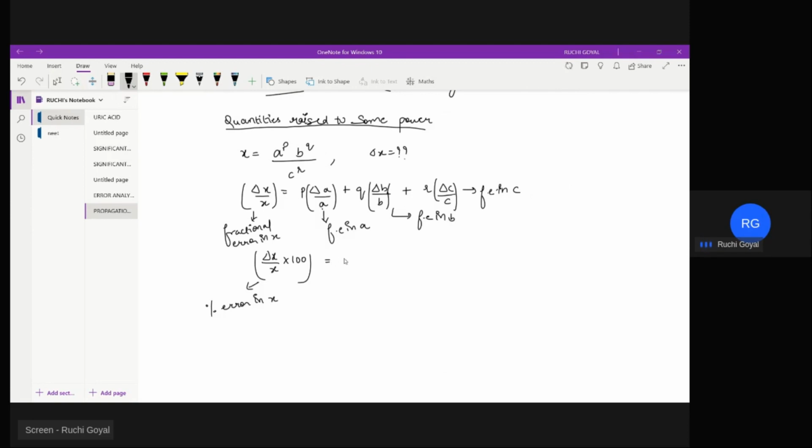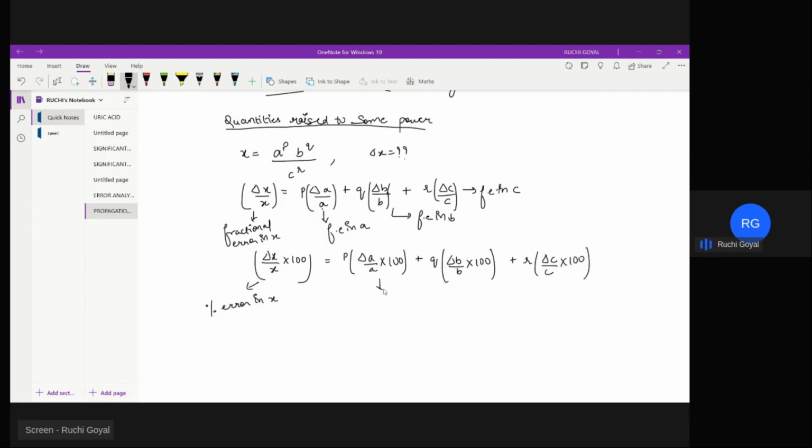So it will be p delta a by a into 100, plus q delta b by b into 100, plus r delta c by c into 100.